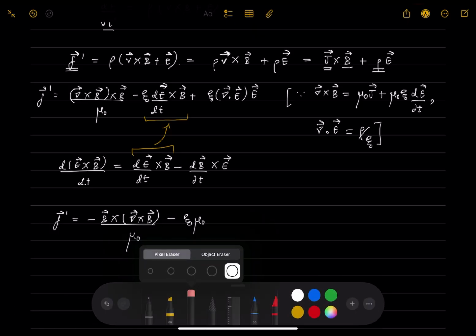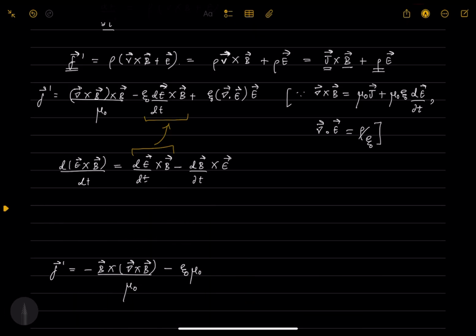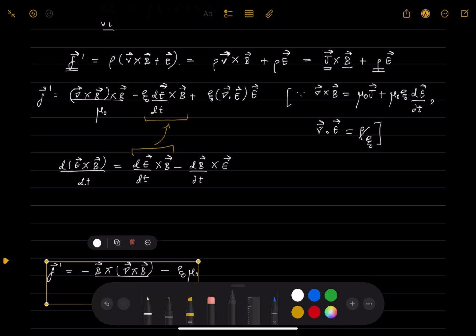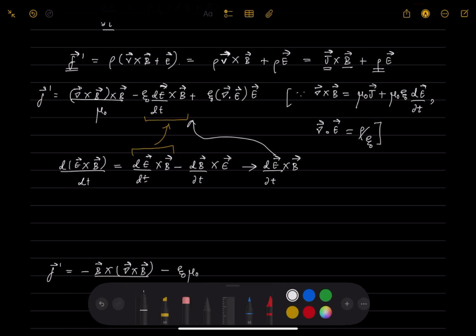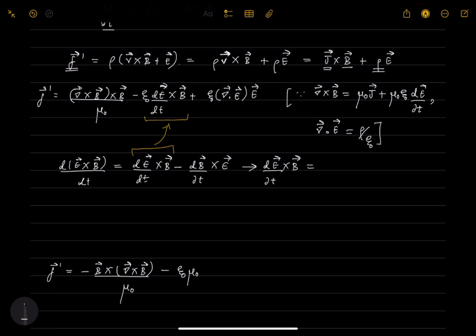Actually, let's try to simplify this equation a bit more, right? So let's write this equation explicitly in terms of dE over dt. So dE over dt crossed with B, which we want there, by the way, from this equation is going to be, so this particular thing, I think you can relate with the Poynting vector, right?